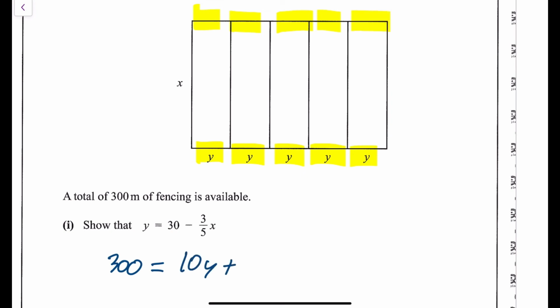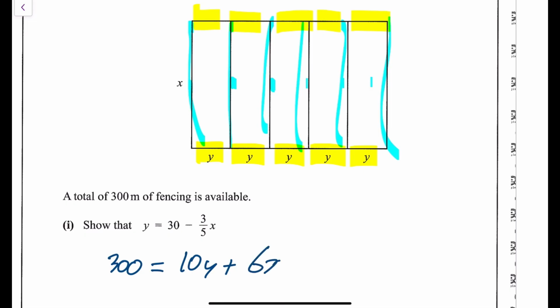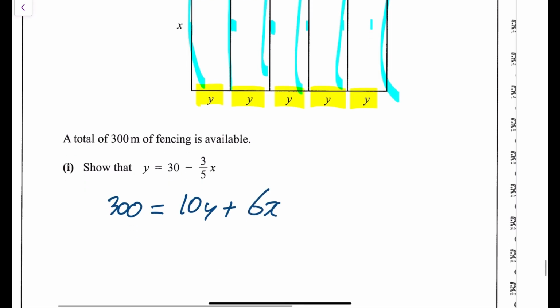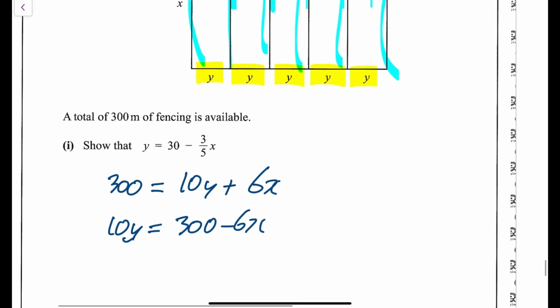And then your x's, you've got 1 here, here, here, here, and here, and here. So that's 1, 2, 3, 4, 5, 6, so you've got 6 lots of x's as well. So let's rearrange to make y the subject. First of all, 10y is equal to 300 minus 6x. Divide through by 10, y is equal to 30 minus 3x over 5, as required.